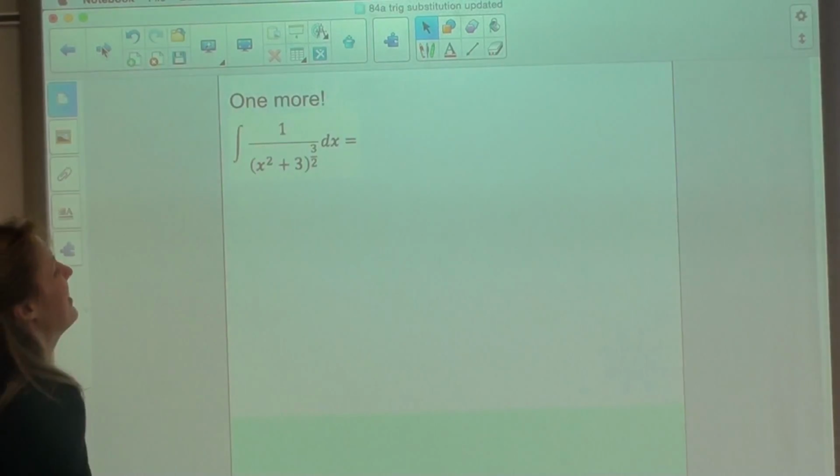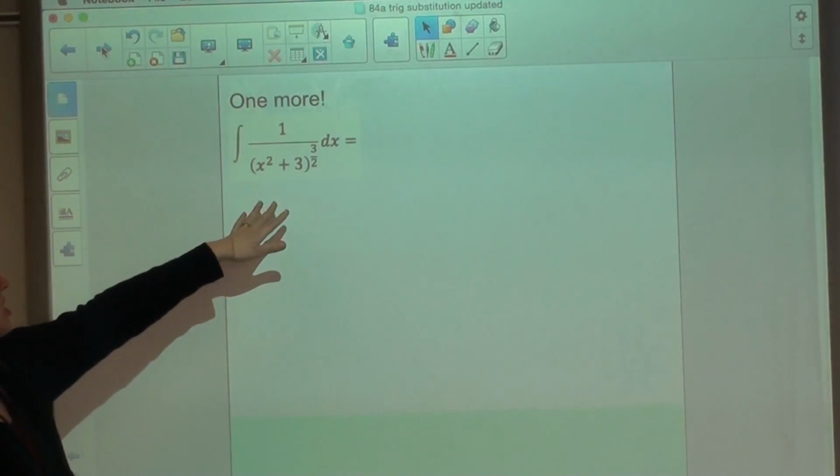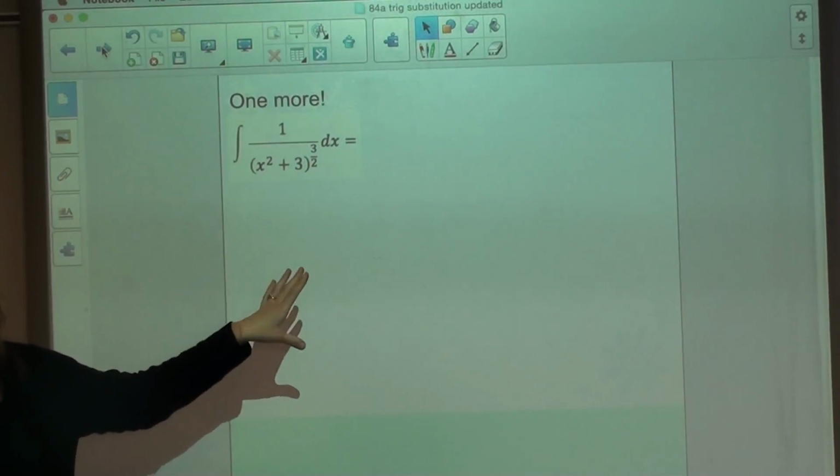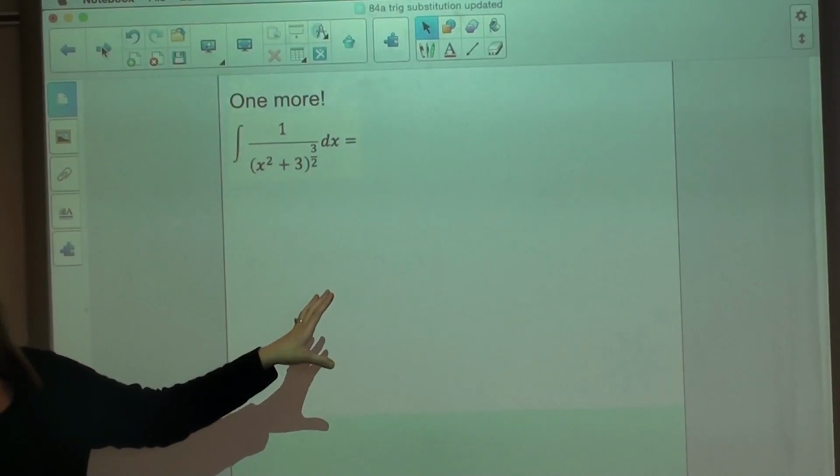Before you start this one, remember that the technique we're doing only works when you have roots, square roots.